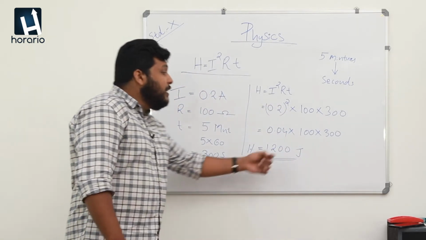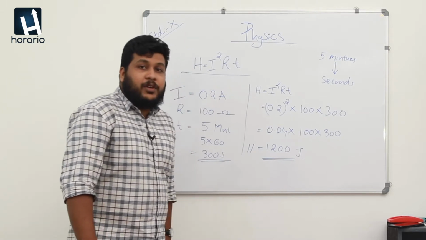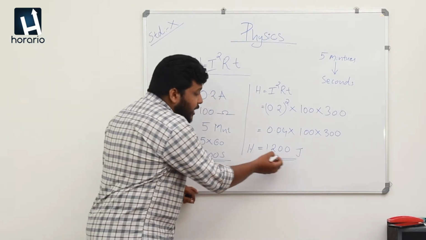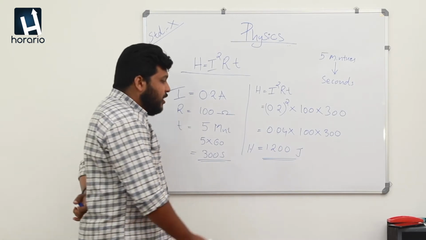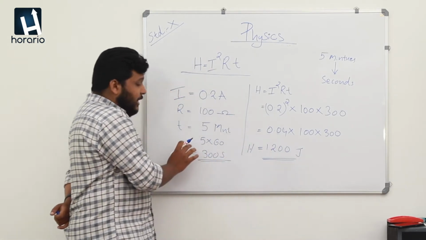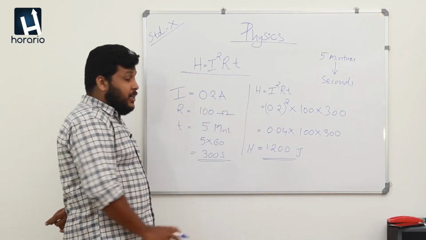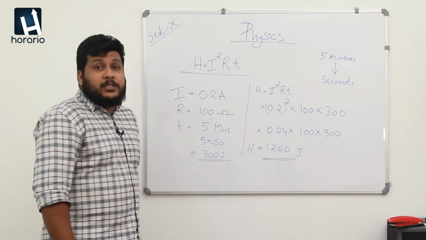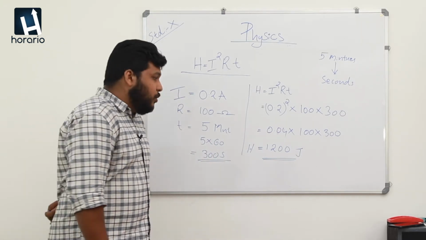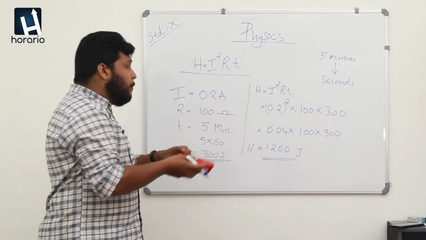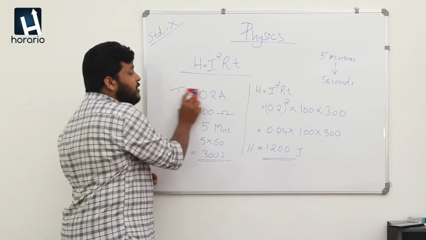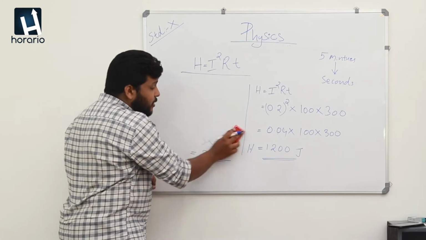By simplifying this equation, we can get an answer of 1200 joules, which means if this equipment works for 5 minutes, the heat energy will be 1200 joules.